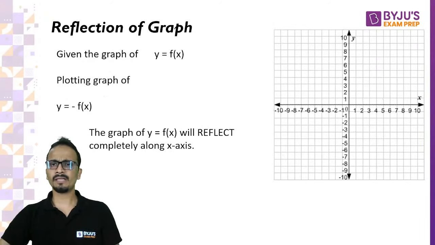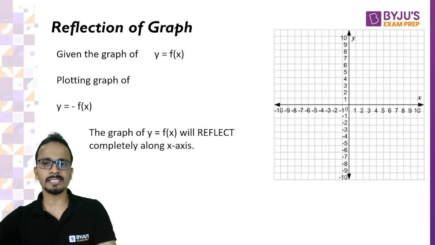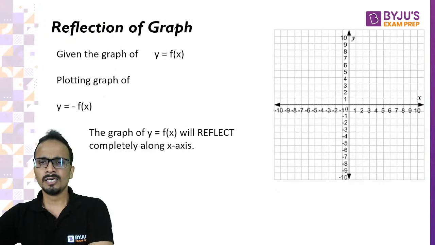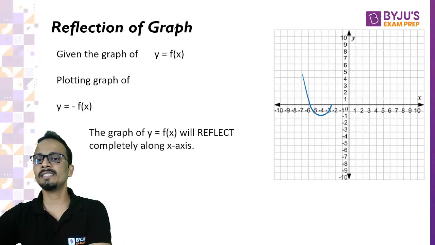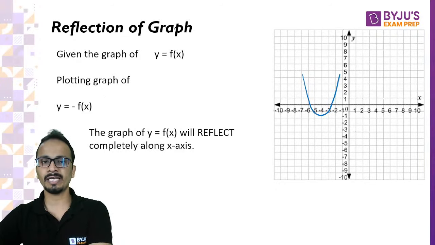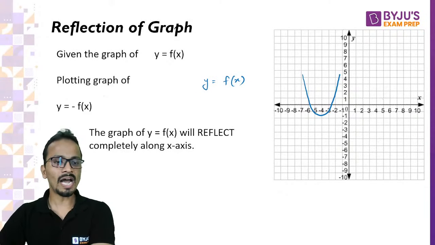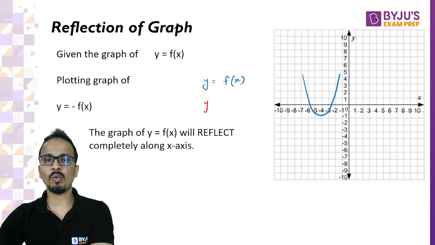So let's say these are the coordinate axes, and let's say the original graph was something like this. So this is the graph of y equal to f of x. All right. Now I want to plot the graph of y equal to minus f of x.